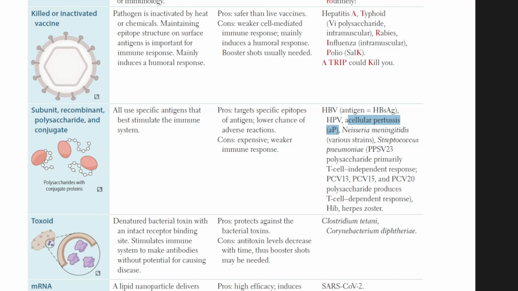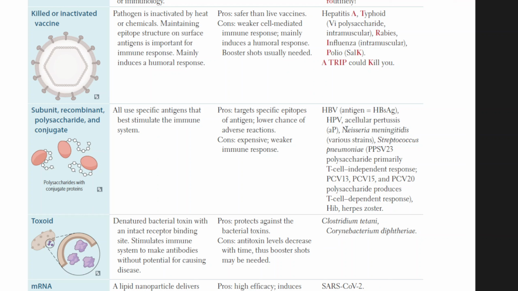So this one, acellular pertussis, is like the DTaP that we know, and it's for whooping cough.